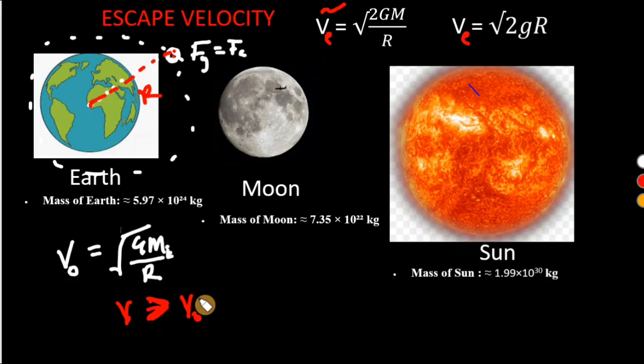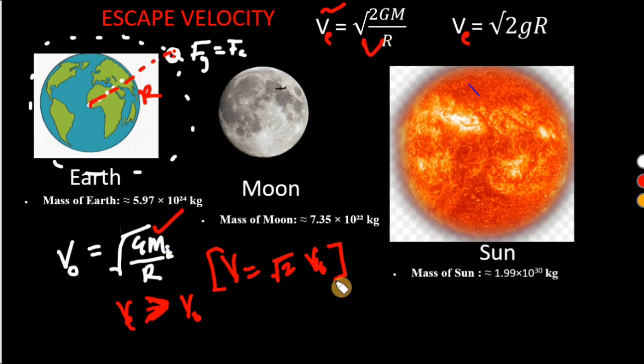For this body to escape the Earth, the escape velocity is greater than the orbital speed, with this factor: v equals root 2 v naught.